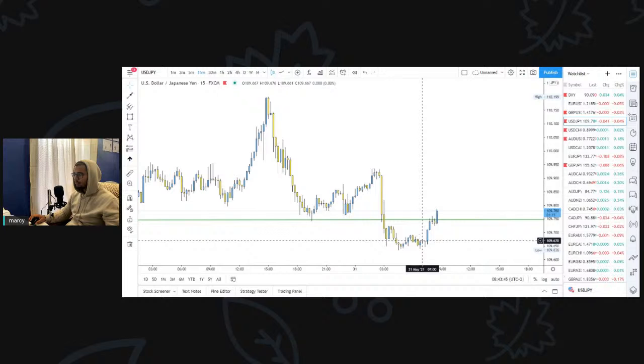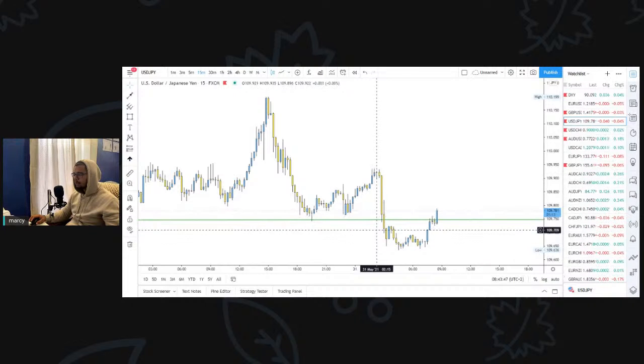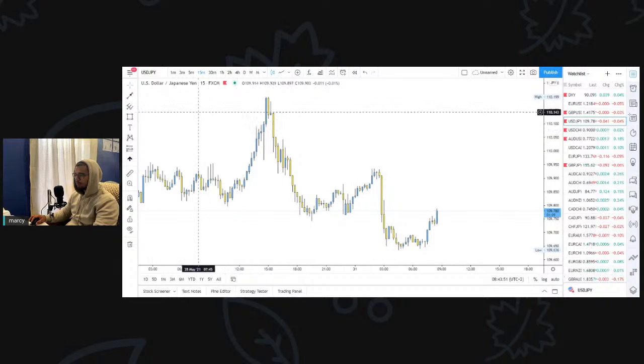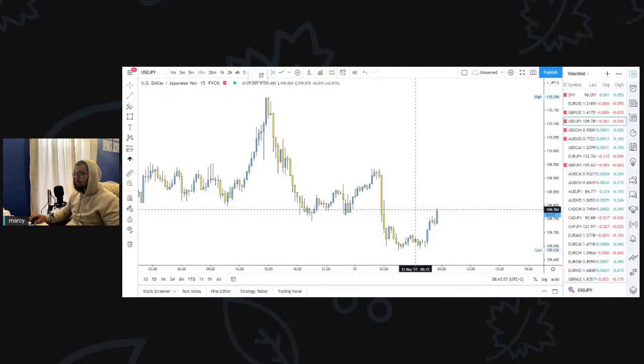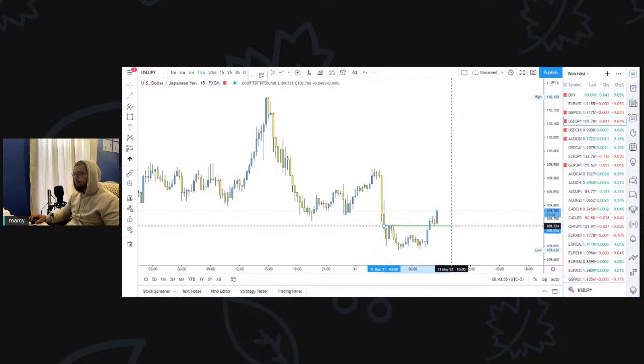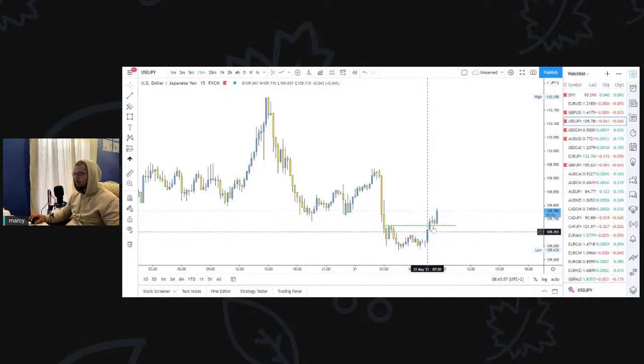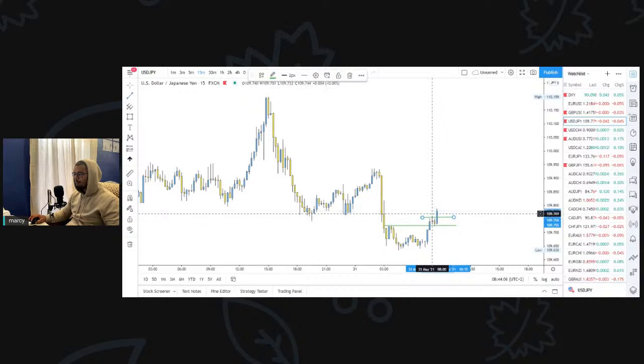Okay, this is good too, because you can see that, just looking at it from a 15-minute perspective, price had created a level in the market. Price broke above that level. We retested this level. Price created a level in the market right here where we failed to break above for quite a while. We're now breaking above it.